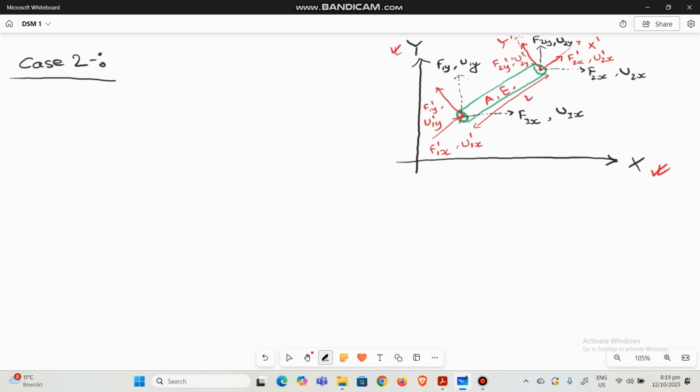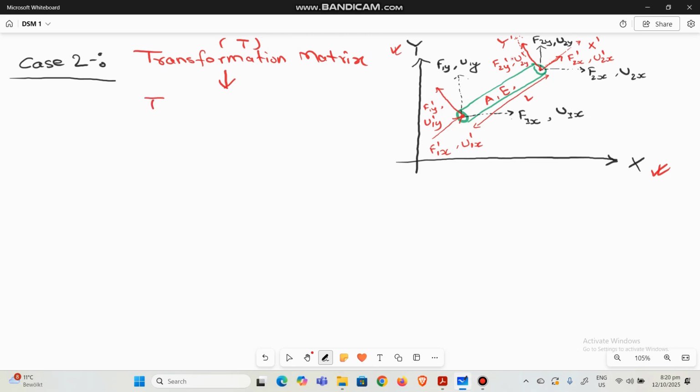So in this case, now you will have a transformation matrix, which is very important. What does this transformation matrix do? We call it T. And what is its job?